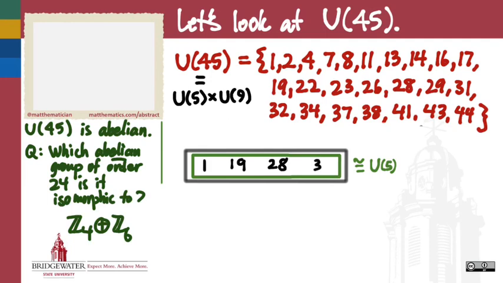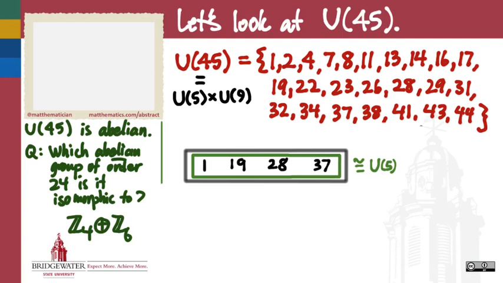That belongs in my group also. 37 plus 9 gives me 46, but that's not an element in my group. In fact, it's equal to 1. So all 4 of these elements as a subgroup of U45 is isomorphic to U5.